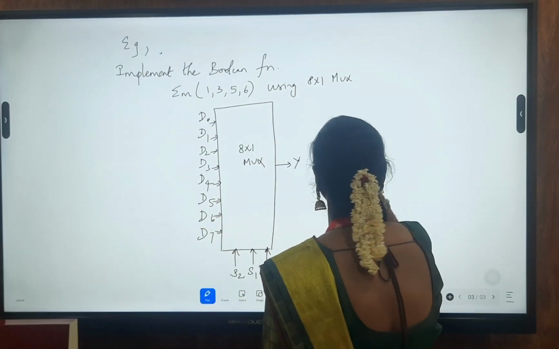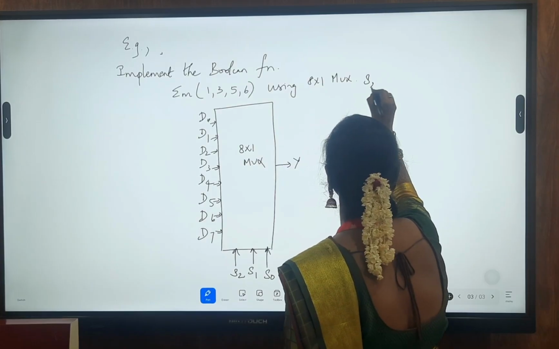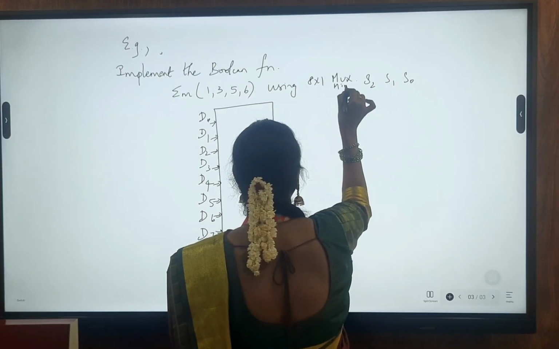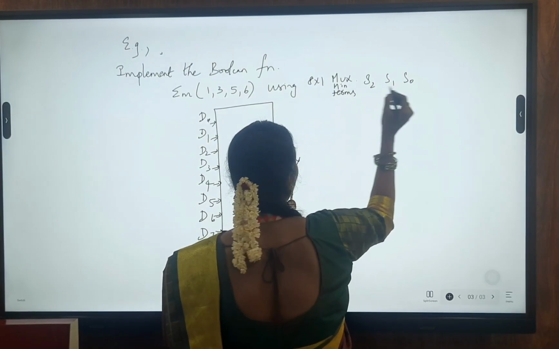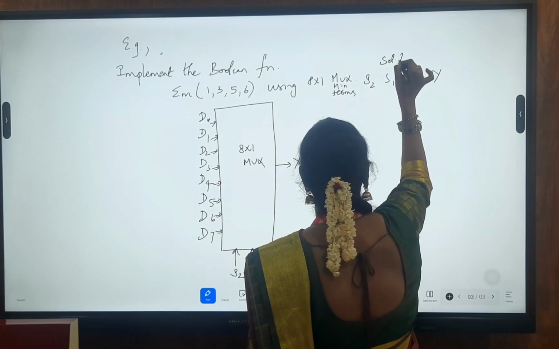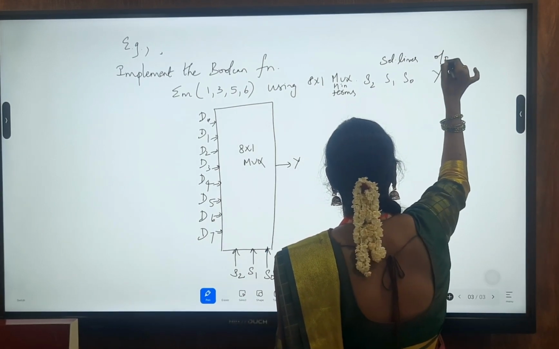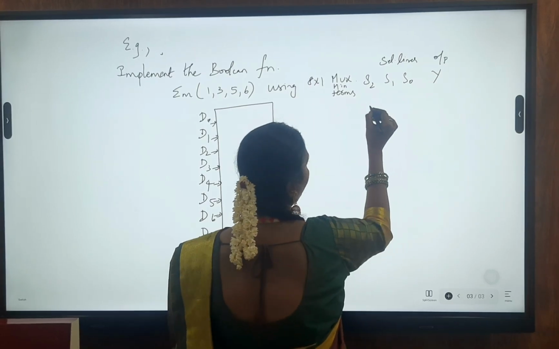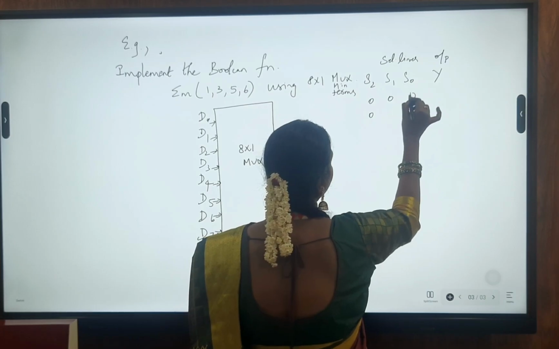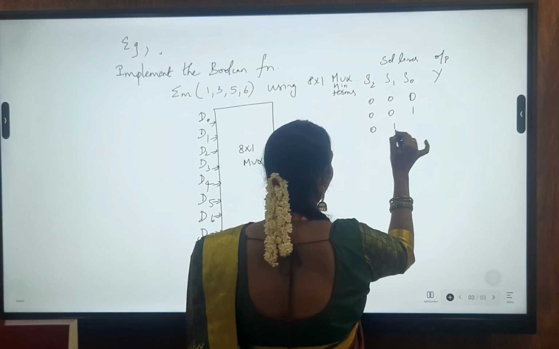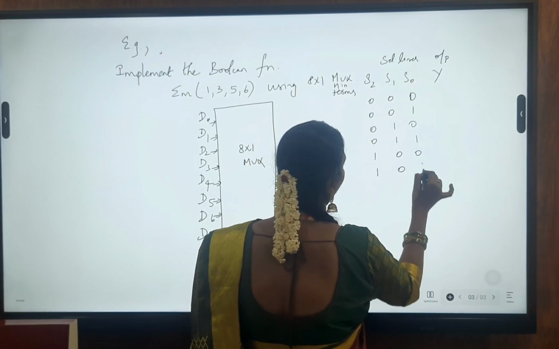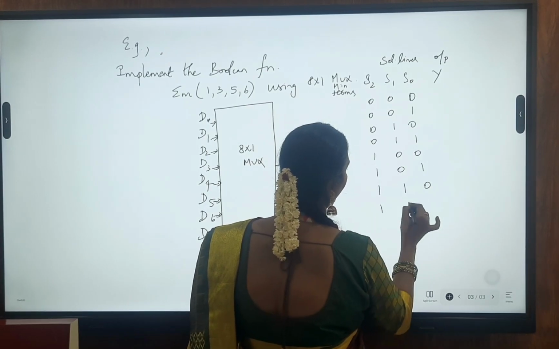So we can write the truth table, S2, S1 and S0. I am writing here minterms, and the output is Y. So these are the selection lines and this is my output. 3 inputs means I will be having 8 combinations: 0 0 0, 0 0 1, 0 1 0, 0 1 1, 1 0 0, 1 0 1, 1 1 0, 1 1 1.